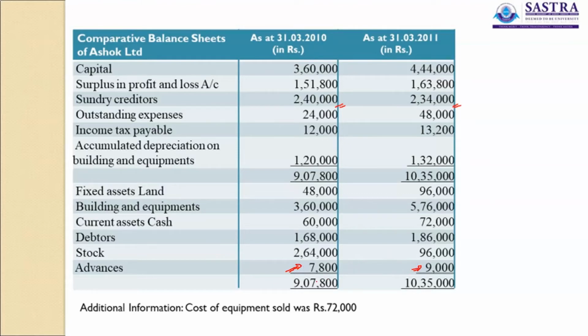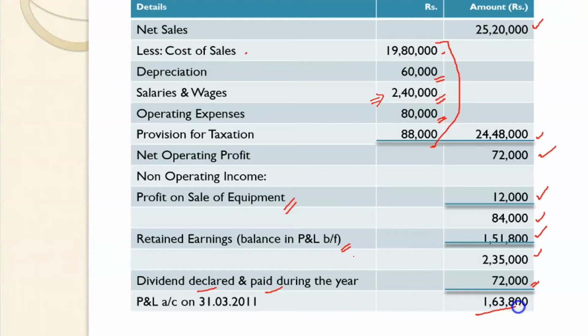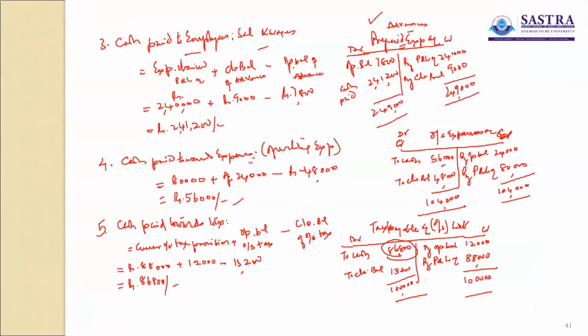Here it is simply given as advances, and we are presuming it as salaries and wages paid in advance. Using these opening and closing balances and the amount of expenses claimed, we have to arrive at cash paid towards employees for the current year.